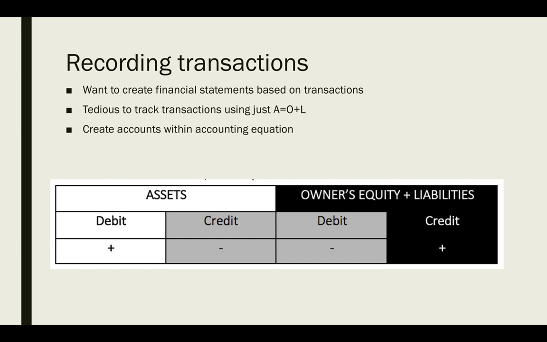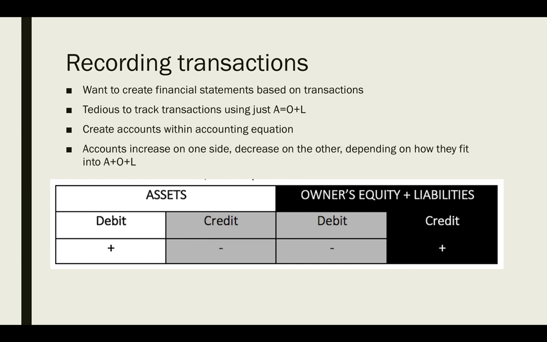And for each of these accounts, we will show their increase on one side and their decrease on the other side. So, the debits are going to be the left-hand side of the account and the credits are going to be shown on the right-hand side of the account. That's all that actually means.